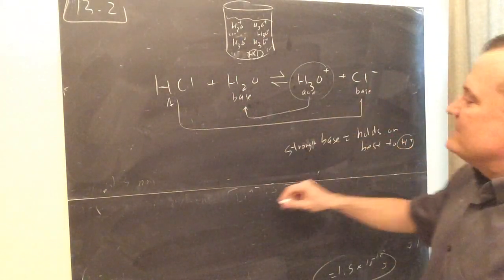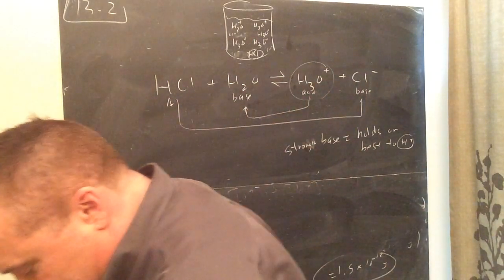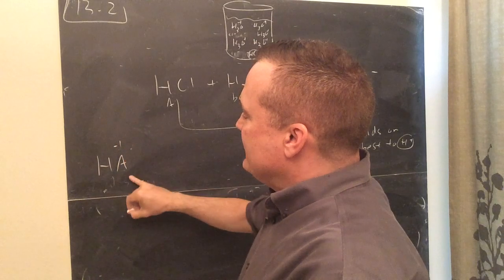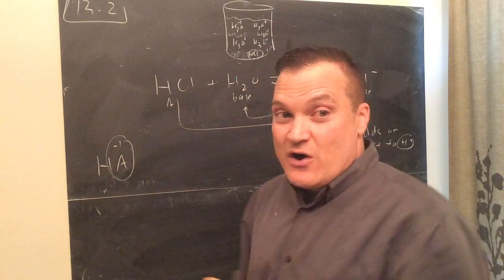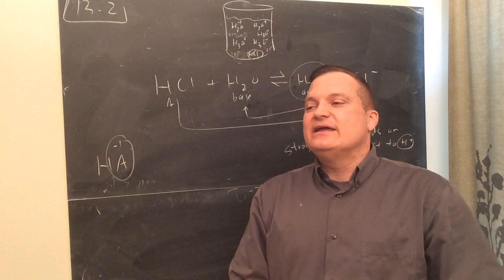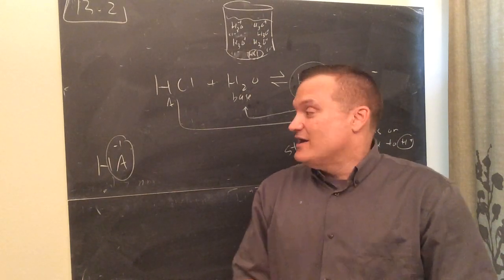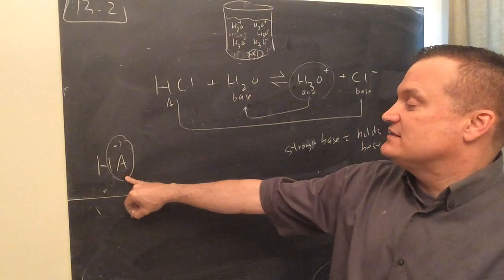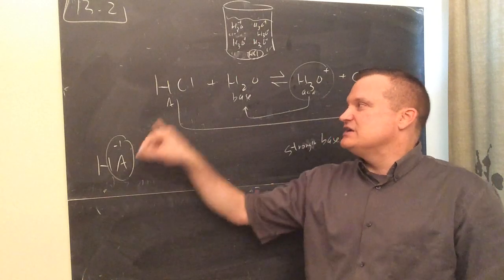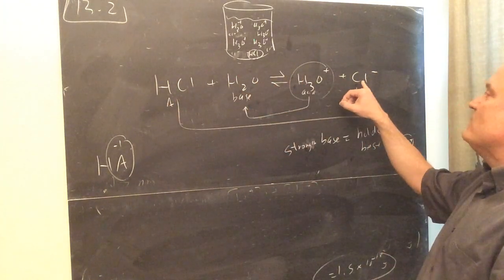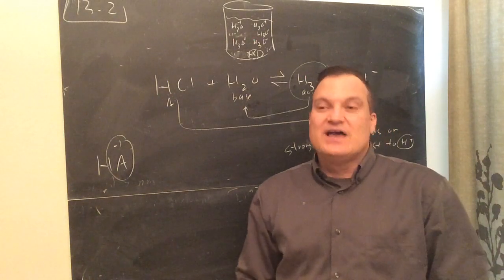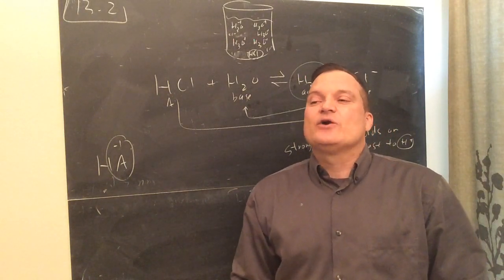So in fact, there's a little statement that the negative ion of a strong acid is the weakest possible base. Remember, the conjugate of a strong acid is a weak base. The conjugate of HCl, a strong acid, is weaker than anything.